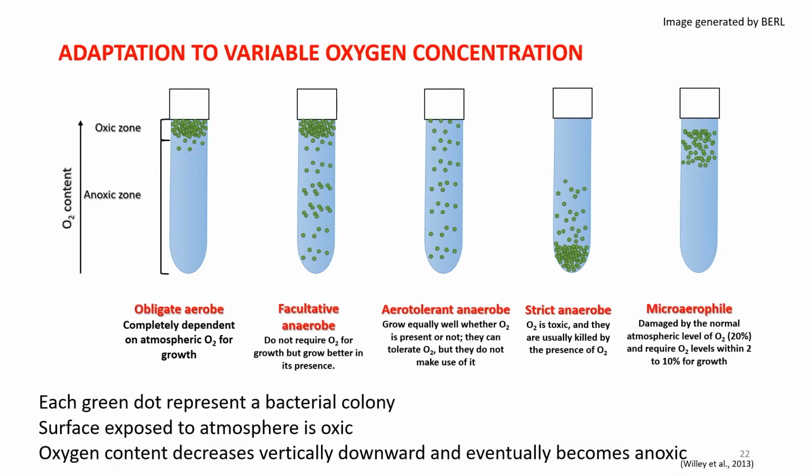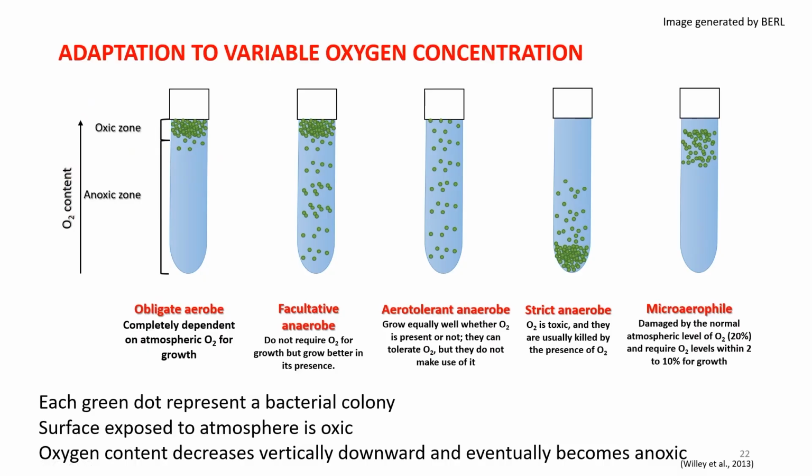Here you can see the various tubes, and you can see that there are two zones. On the top of the tube you have an area which is rich in oxygen, and below you have an area which is poor in oxygen. This is known as the anoxic zone, and this is the oxic zone, in terms of oxygen content.